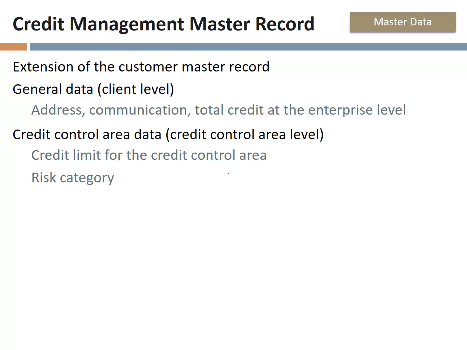Now, I had some slides I skipped over because we talked about them last time and I drew a picture. But let's just try and illustrate this, where here's the client, and here's company code 1, company code 2, and company code 3.